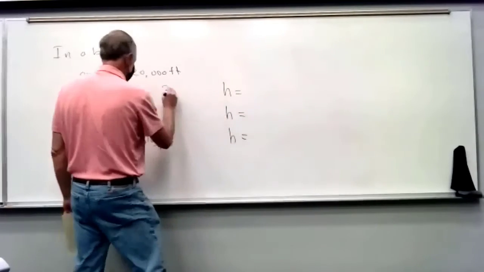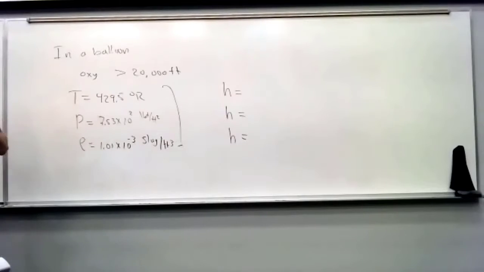We've got three different numbers here that we could read altitude off of. So you guys have your books with you? Go to appendix. There's two appendices back there. We need the one that's English.